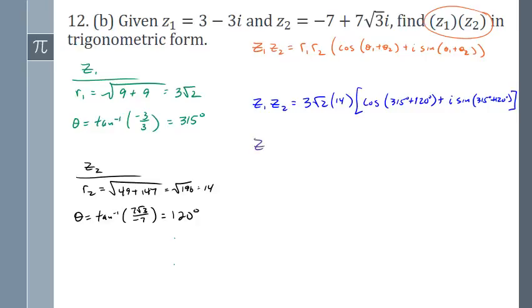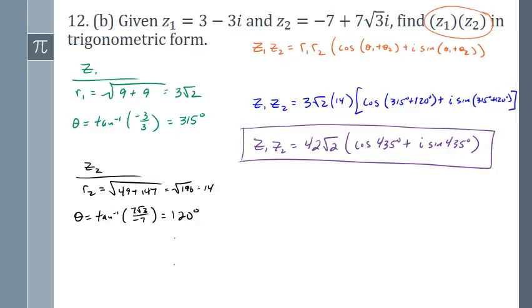So our final answer for the product of the two complex numbers is 14 times 3, which is 42 rad 2, times the cosine of 435 degrees plus I sine 435 degrees. And one more time, that could be in radians or degrees, does not matter.